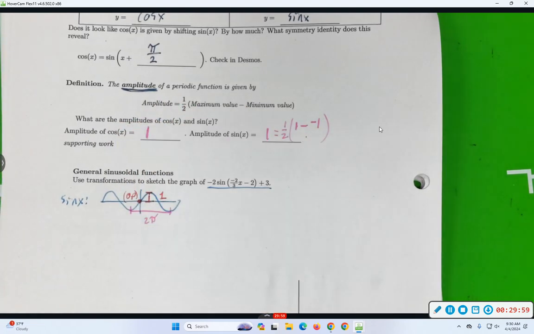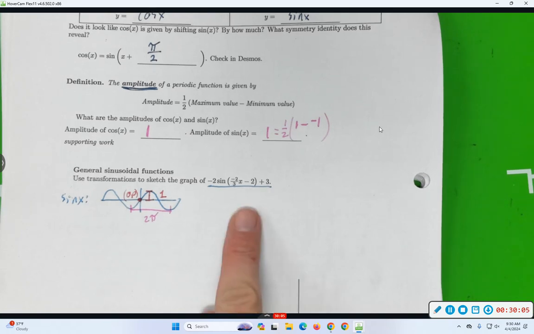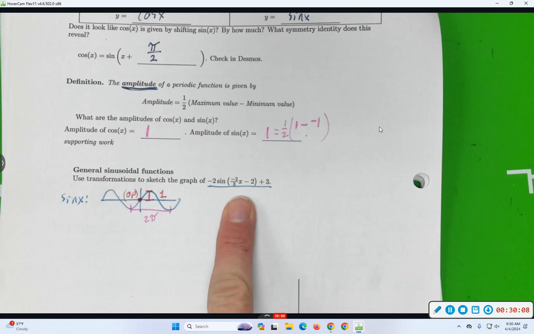The period's 2 pi, it goes through 0, 0, the amplitude is 1. What things am I supposed to deal with first in this graph if I want to graph that thing?